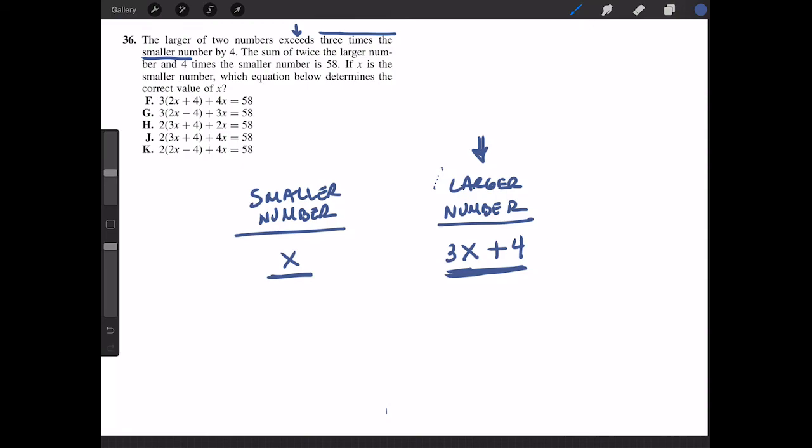Now, the next part is really what's going to allow us to finally solve this. The sum of twice the larger number and 4 times the smaller number is 58. So let's take this in steps. The sum, so we're going to be adding something. The sum of twice the larger number.